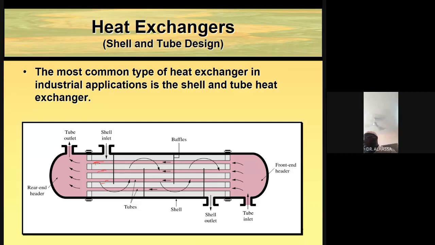The fluid, either hot or cold, is made to pass through these tubes and exits on the other side. At the shell part, the other fluid, cold or hot, is made to flow across these tubes. We have baffles, which orient the fluid in different directions so that it creates turbulence, and the turbulence increases the heat transfer.